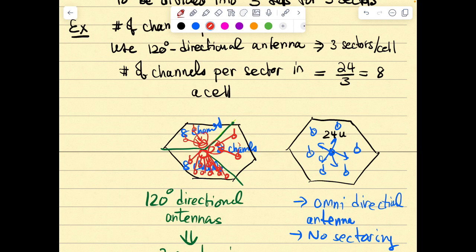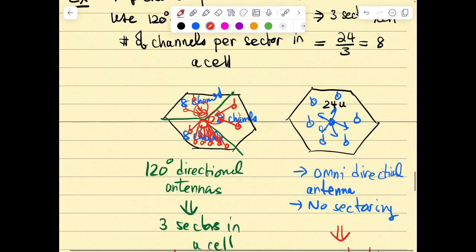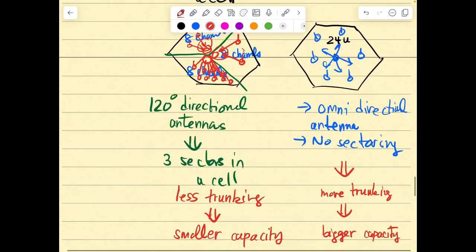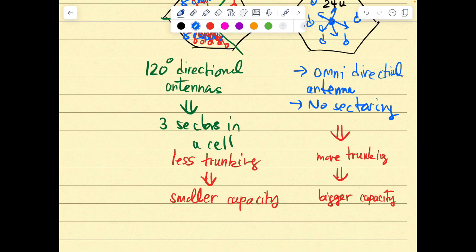They still have 6 channels left, but they are not able to connect the users in different sectors. So this is going to be less efficient. The result is less trunking. That means they can connect to a fewer number of users.